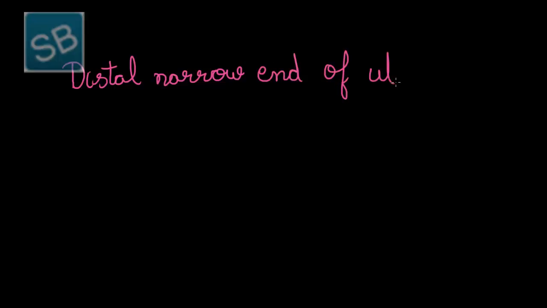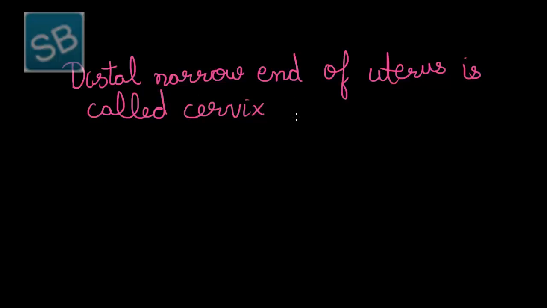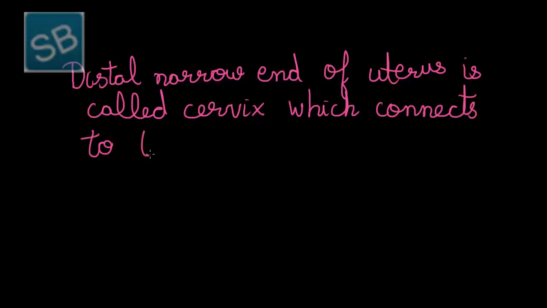As described earlier in the figure, the distal narrow end of the uterus is called the cervix, which remains attached to the vagina. Thus the cervix can be considered as a structure which helps in connecting the uterus to the vagina.